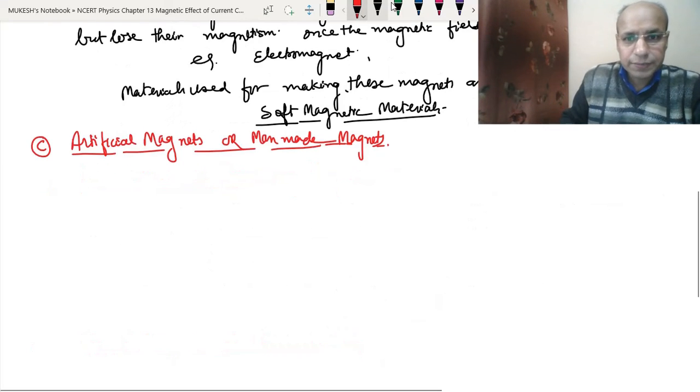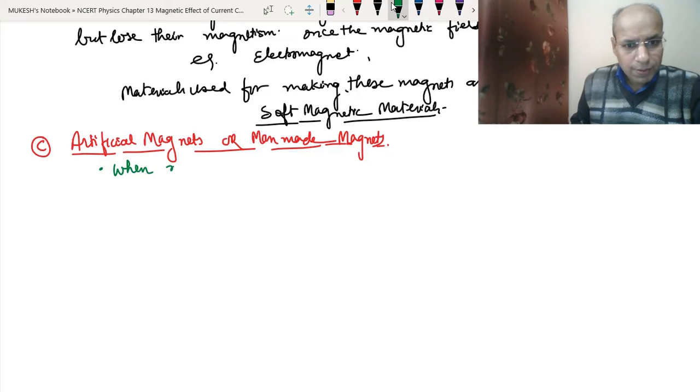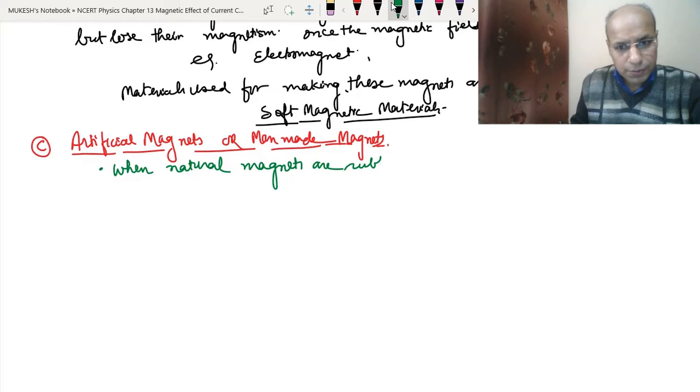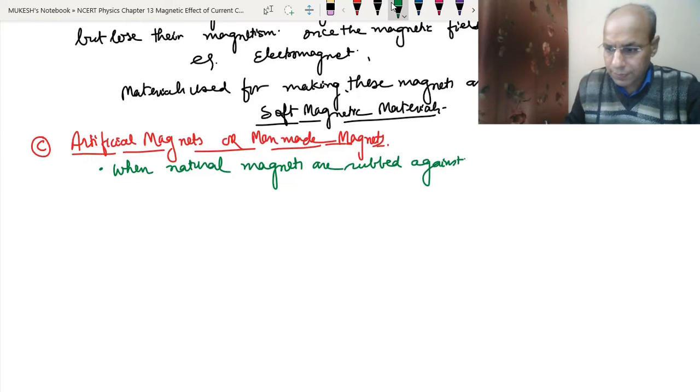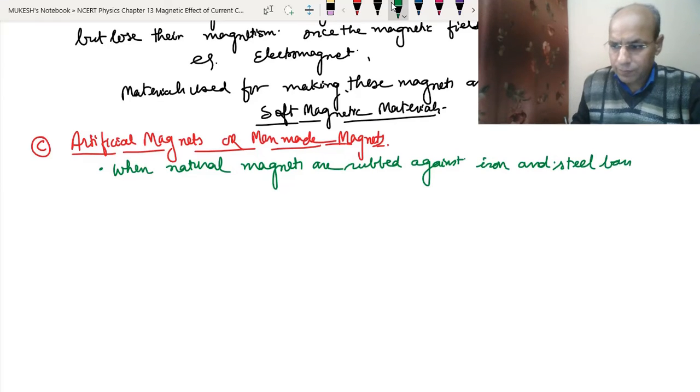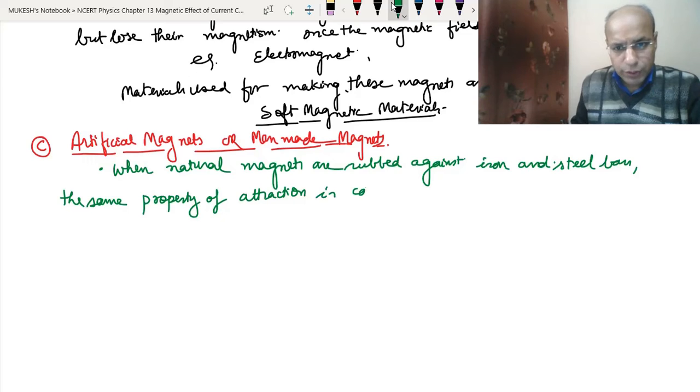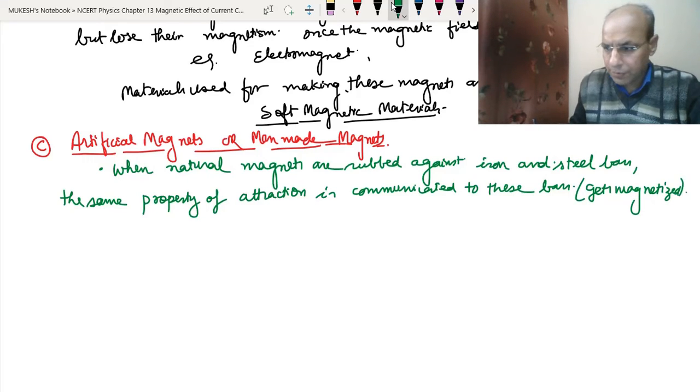So now let's write it. When natural magnets are rubbed against iron and steel bars, the same property of attraction is communicated to these bars, meaning they also get magnetized.